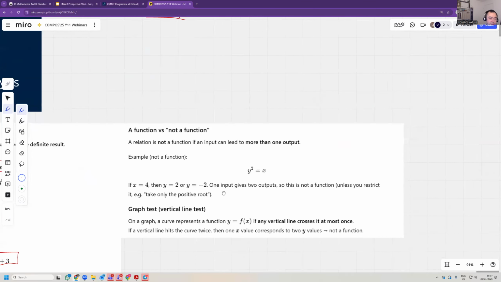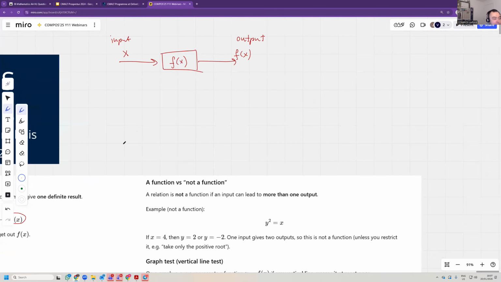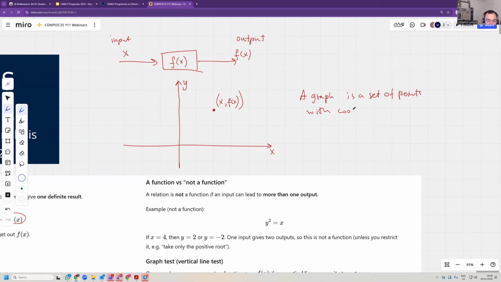A function versus not a function. So if you draw a graph, a graph is a set of points with coordinates x and f of x.